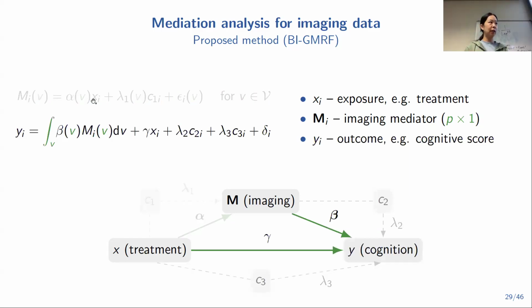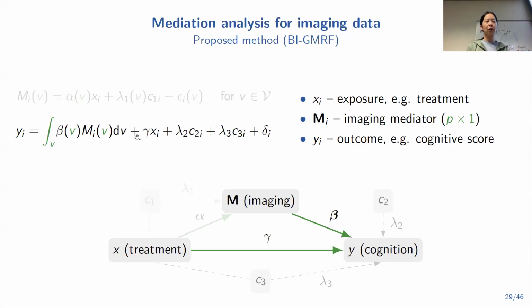The second step of the standard mediation analysis is we regress the outcome on both the mediator and the exposure. The outcome, the neurocognitive score, is univariate. Here we have our high dimensional mediator, where we want to integrate all the effects across all the voxels. So here we have an integration, or we can use summation, because we summarize the effect of all the voxels or pixels together.